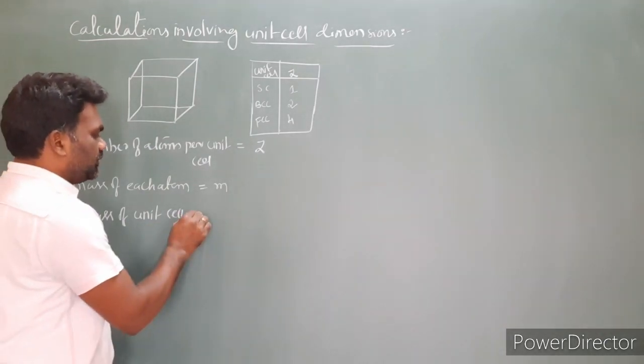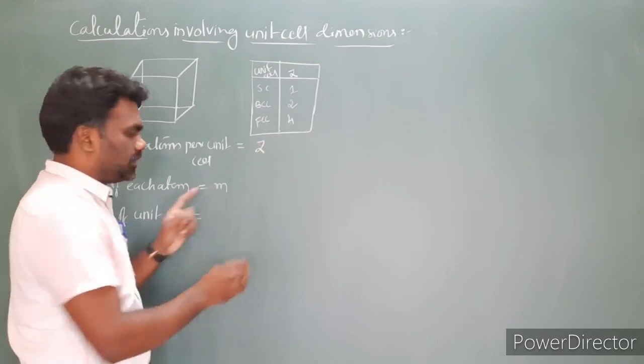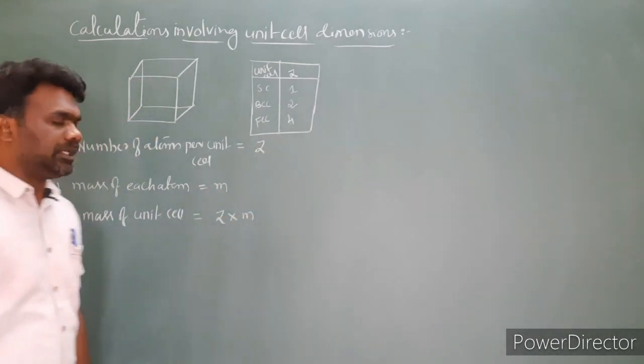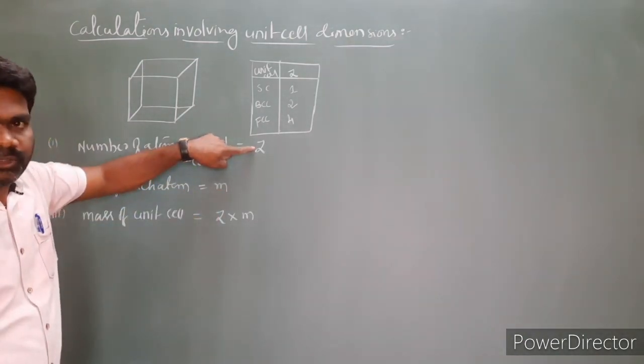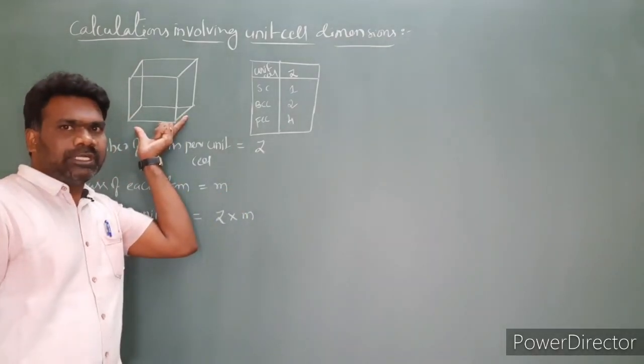The mass of the unit cell is equal to the number of atoms times the mass of each atom. So the mass of the unit cell is nothing but Z times m. The total mass is the mass of this unit cell.